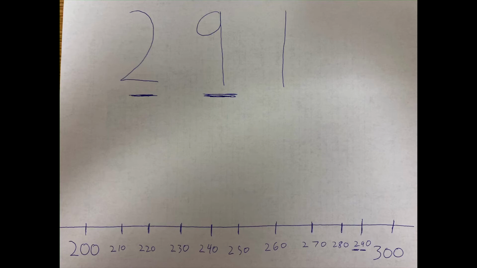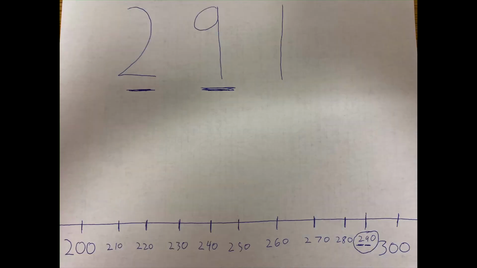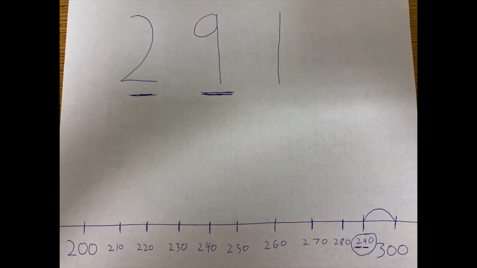Let's start at 290 because the hundreds column and the tens column match that of 291. There's only 1 space between 290 and 300. Let's count the spaces between 290 and 200.